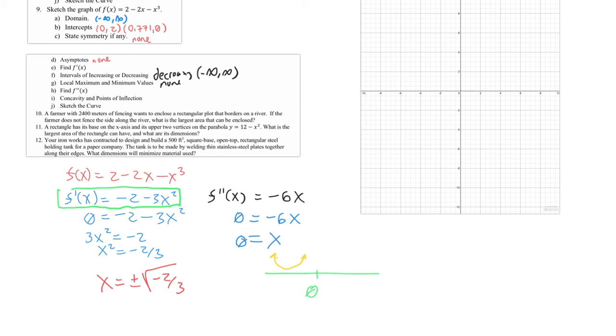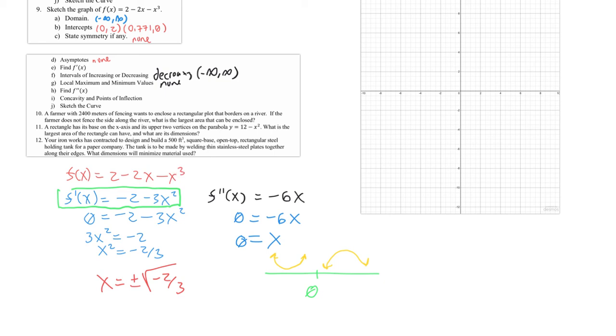And if I was to plug in a positive 1 from this region into the second derivative, that would result in a negative number. So that's going to be concave down. Now the actual point of inflection, it would be a matter of plugging 0 into the original function, not this function, but the original function right here.